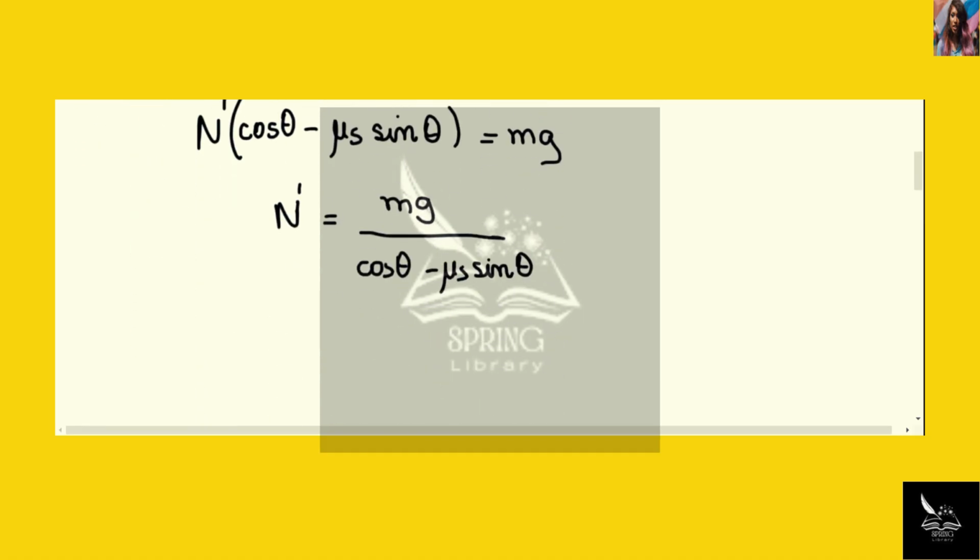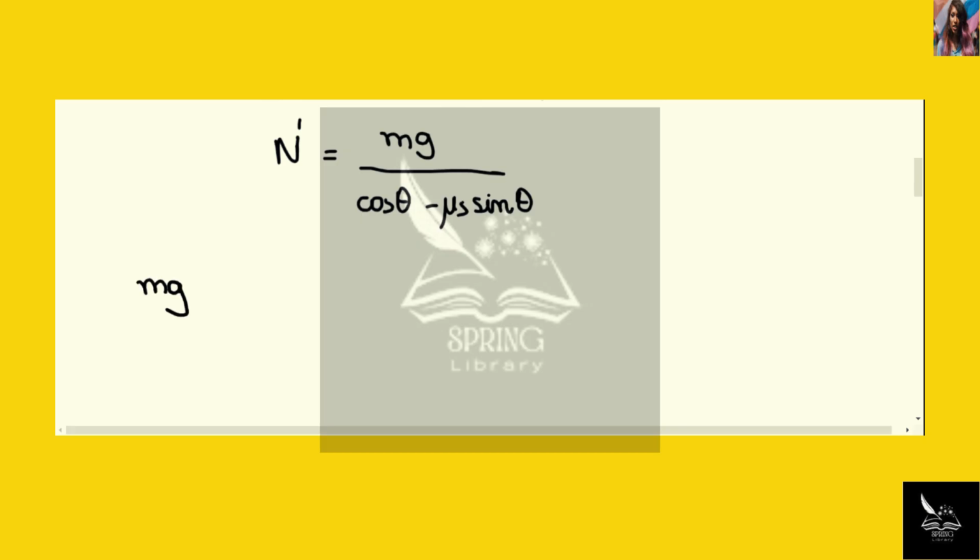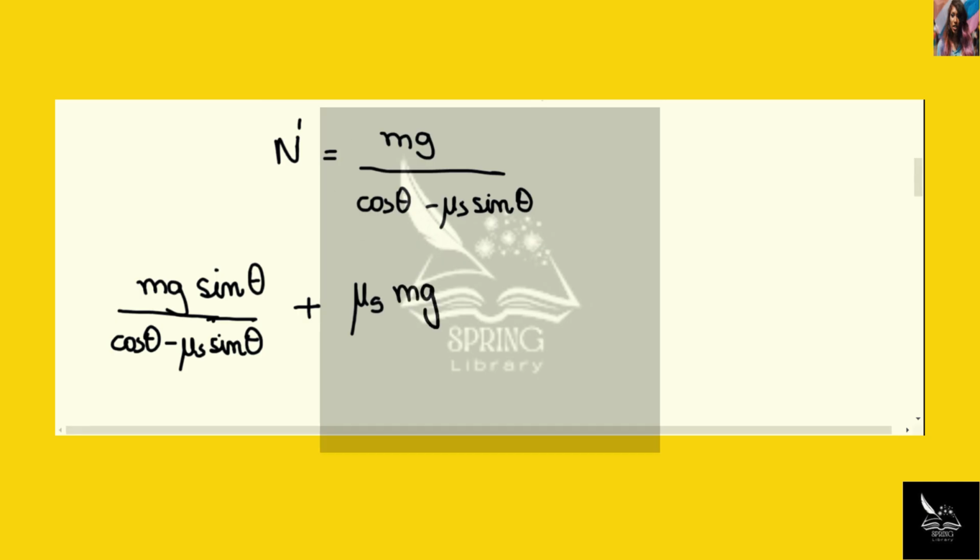So we have n prime, which is mg divided by cosine of theta minus mu s sine of theta, times sine of theta, plus the maximum frictional force, which is mu s times n prime cosine of theta, and n prime here is mg divided by cosine of theta minus mu s sine of theta, times cosine of theta.